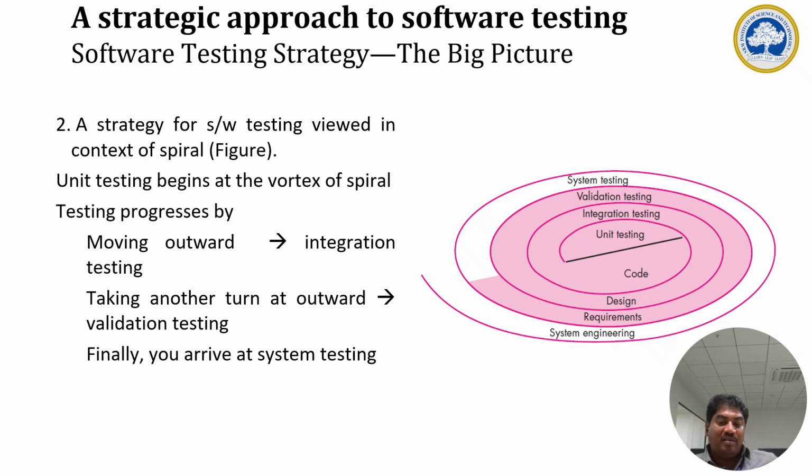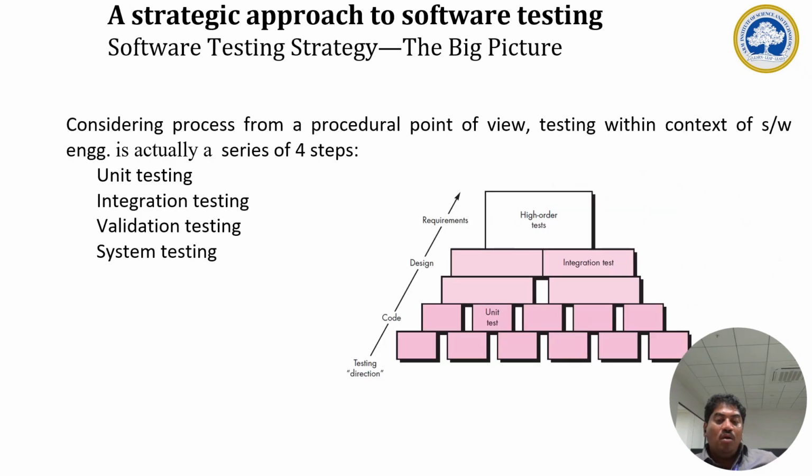Moving outward, the spiral will move. I listed out the four testings: unit testing, integration testing, validation testing, system testing. Considering the process from the procedural point of view, starting with the code test, that is called unit test. Then when the units are combined, that is called integration testing, then validation testing, then system testing.